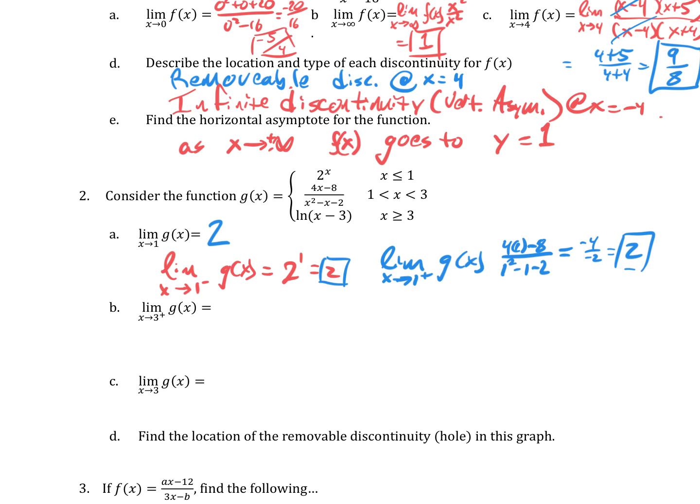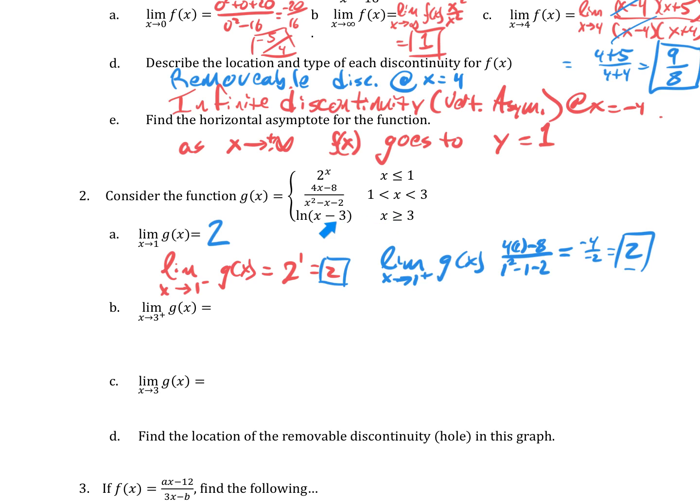What about the 3 plus? We'll do the same thing here. All right, so we can find the limit as we go to 3. I'm sorry, this is not an overall limit. This is just asking for 3 plus. Okay, read carefully. So that little plus there just means we're coming from the right side. Which one of these is the right side?